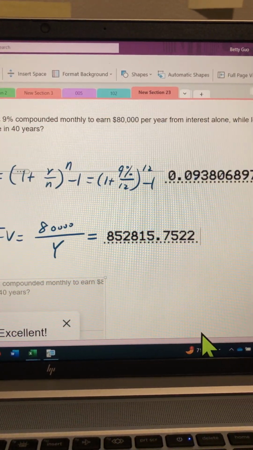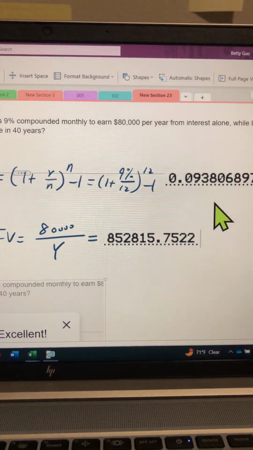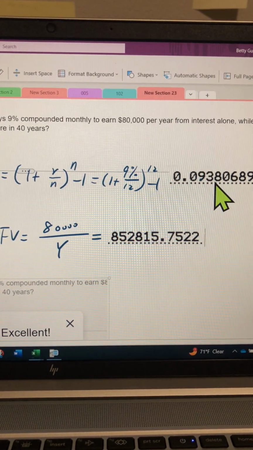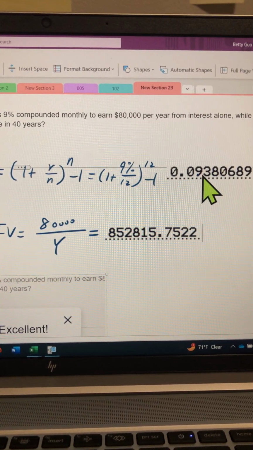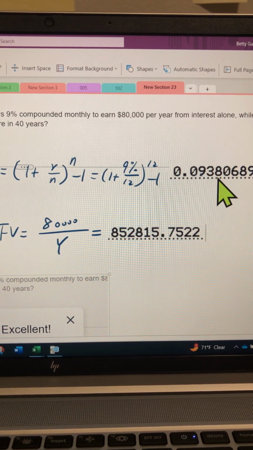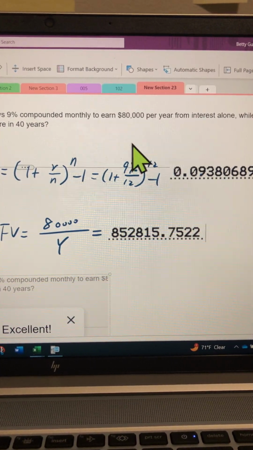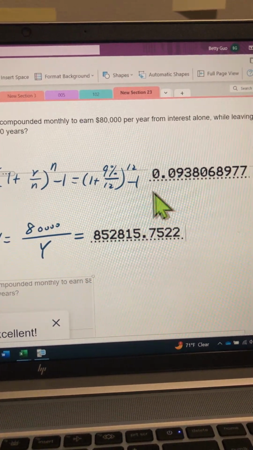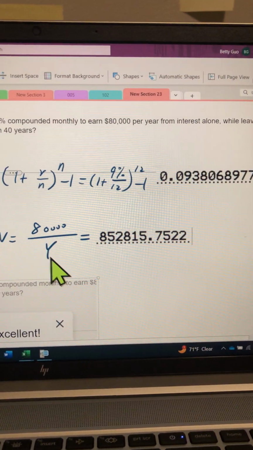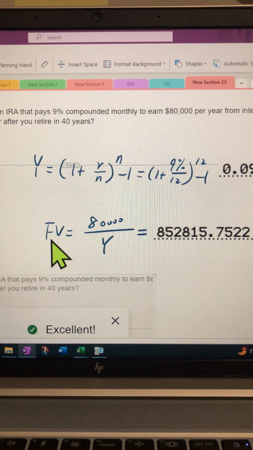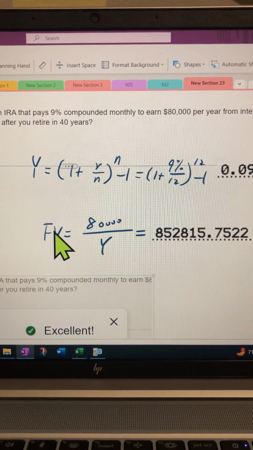I do not round it until the last step. So this is the effective rate. Effective rate is about 9.38%. It's always bigger than nominal rate. And that's the rate we need to use for this formula to find the future value of the annuity.